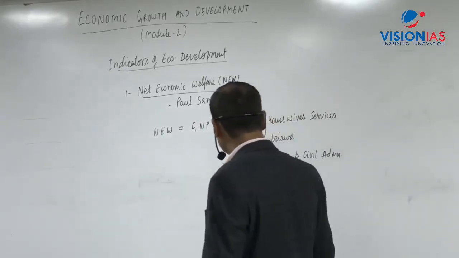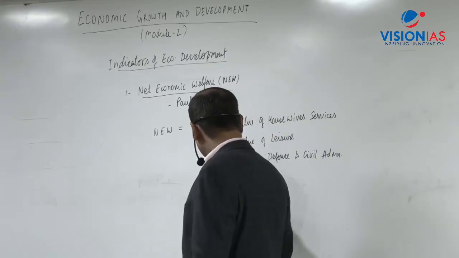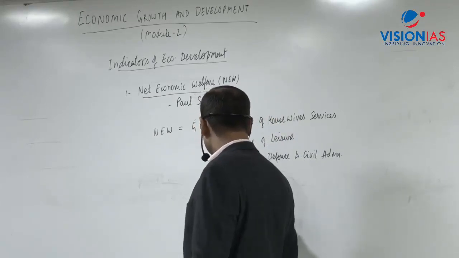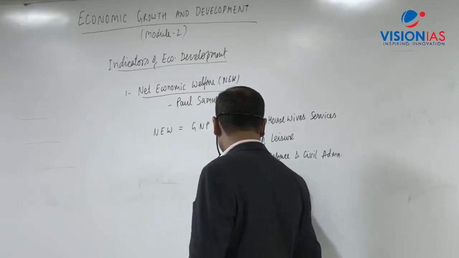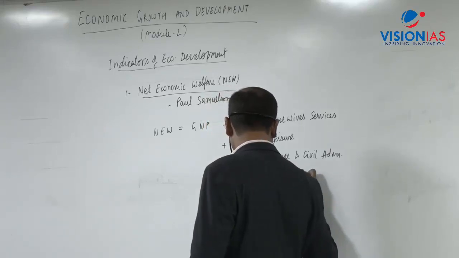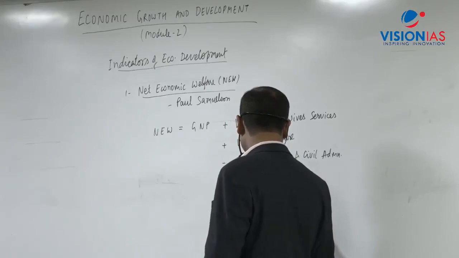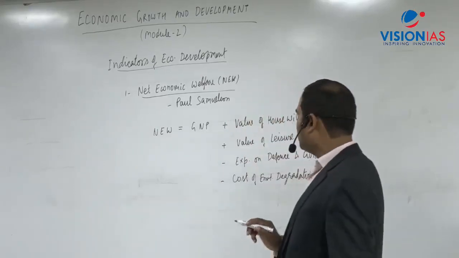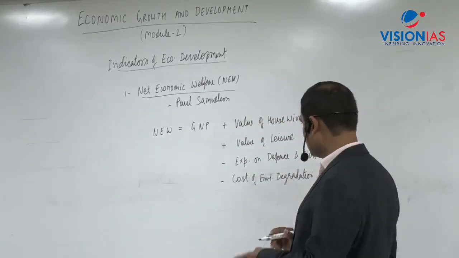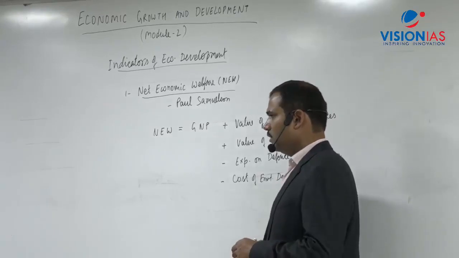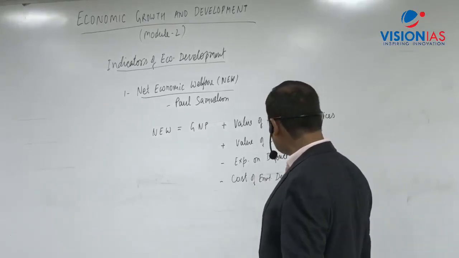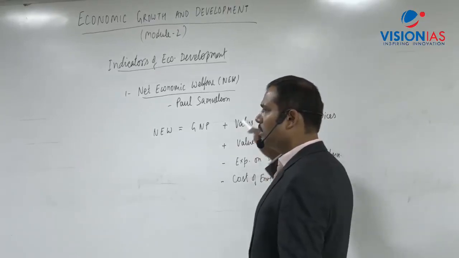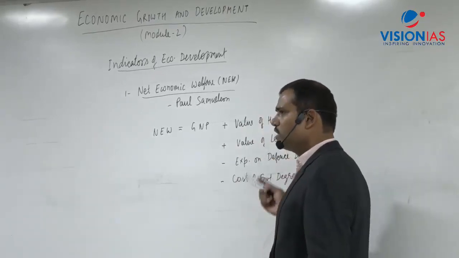And next is cost of environmental degradation. We should estimate the money value of environmental degradation and we should minus it from this. So logic is clear. Now, do you think it is easy to estimate NEW? Practically, no. Obviously, it is very subjective.